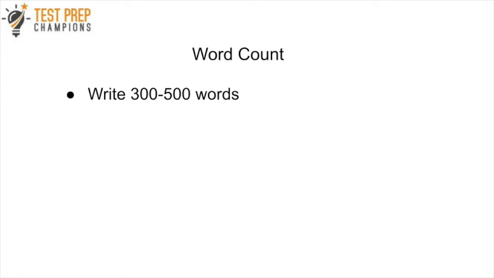But we do know that the testing service has told us that you need between 300 to 500 words to get a good score on your test. There's really only two ways that this would make sense. Either A, maybe the automatic scoring algorithm has some kind of word count feature, just like a Word document, where it counts how many words yours has, and maybe if you have less than 300 words, it just marks it as a 0.